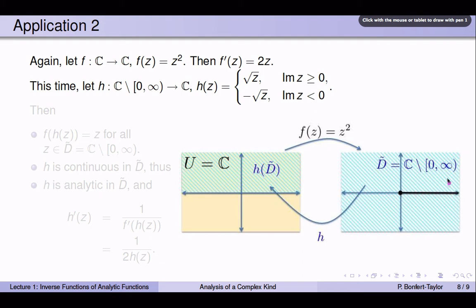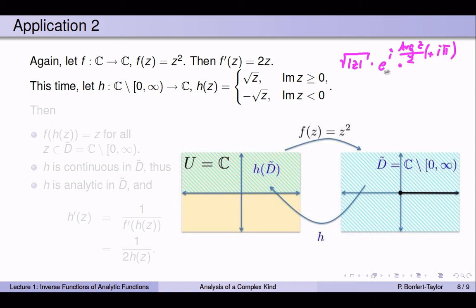If we wanted to define a square root function here, let's figure out what the square root of z looks like. All square roots of z have the form square root of the absolute value of z times e to the I argument of z over 2 plus optionally I pi.